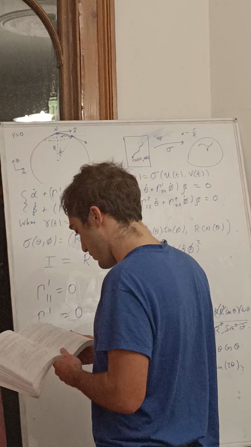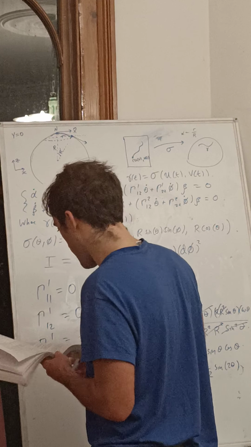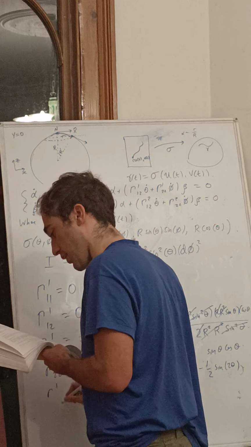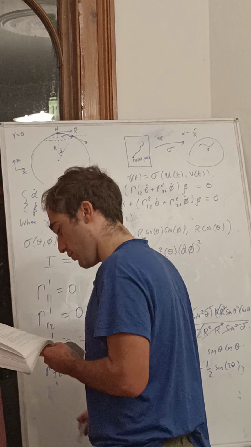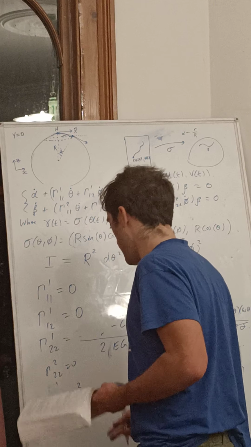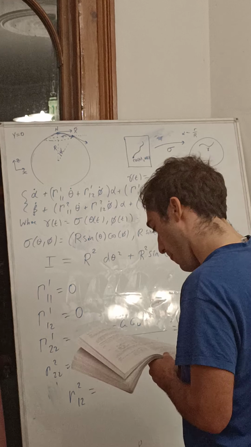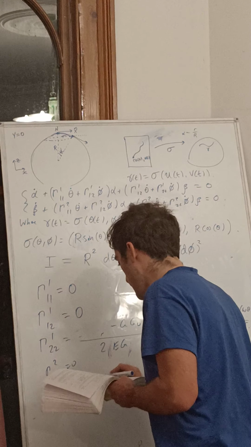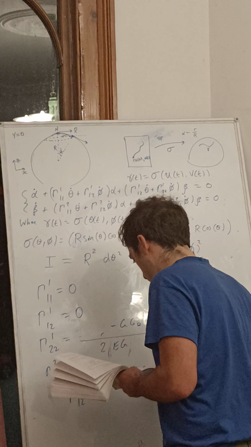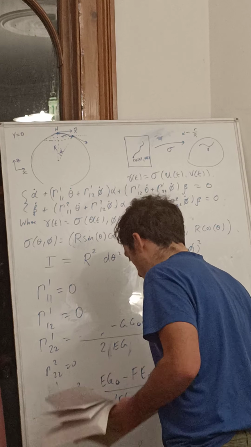Okay, so gamma 2, 2 is also 0, and gamma 2, 1, 2, that's equal to what? Well, that's E g theta minus f e phi divided by 2 e g minus f squared.